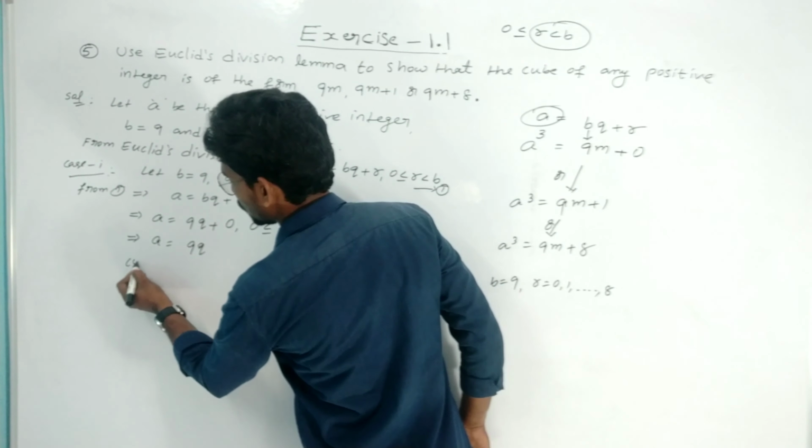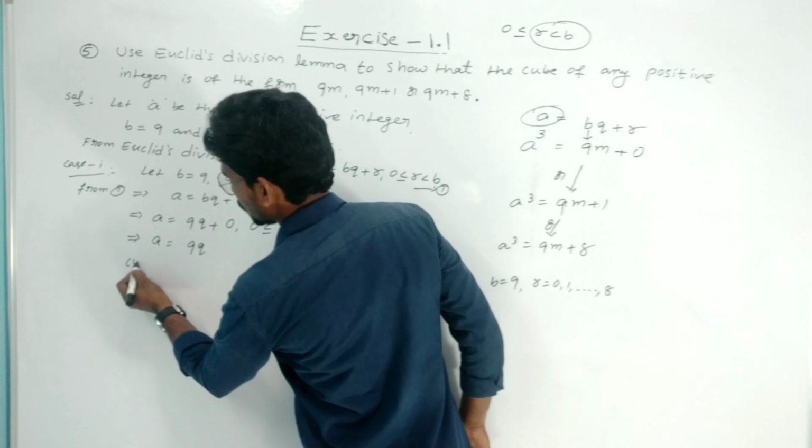That implies a whole cube is equal to (9q plus 2) whole cube. That implies a cube is equal to, where (9q plus 2) whole cube is in the form of (a plus b) whole cube. (a plus b) whole cube is a cube plus 3a square b plus 3ab square plus b cube.